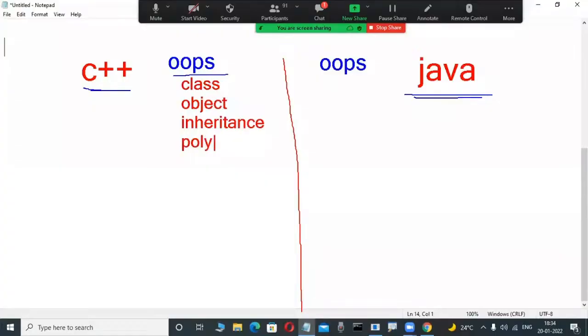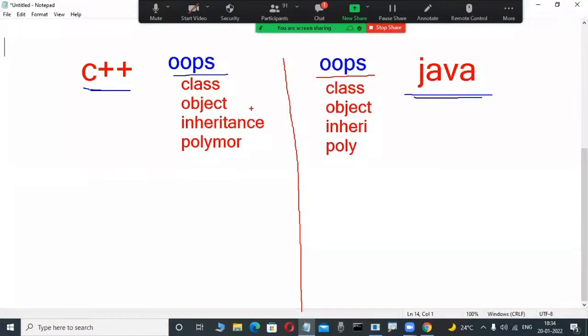Same here in Java, OOPS concepts: what is class, what is object, what is inheritance, what is polymorphism. So many concepts are there. That's why conceptually class, object, inheritance, polymorphism are the same.